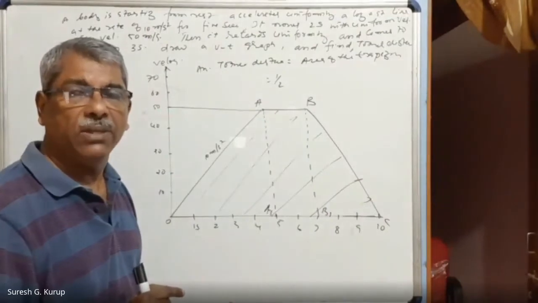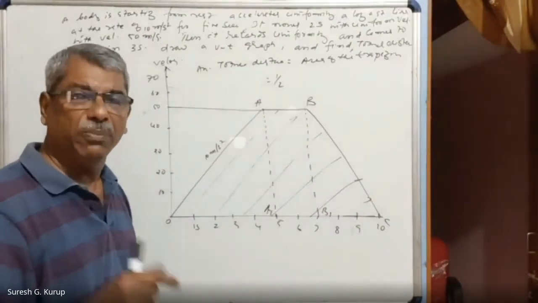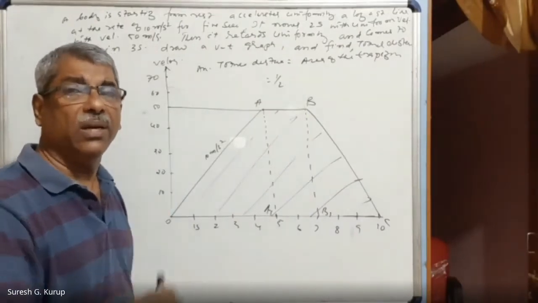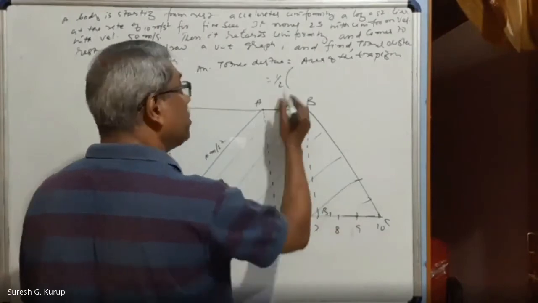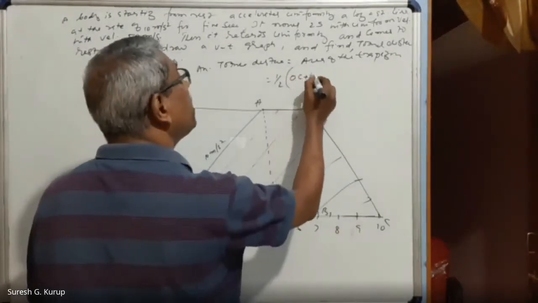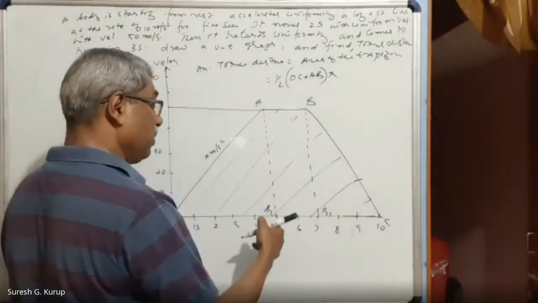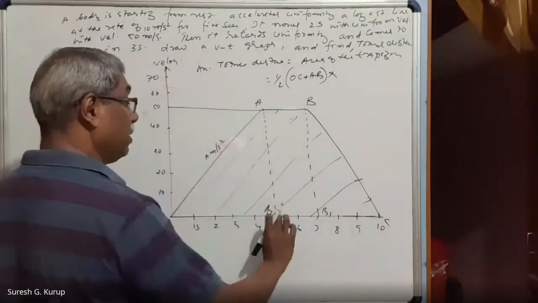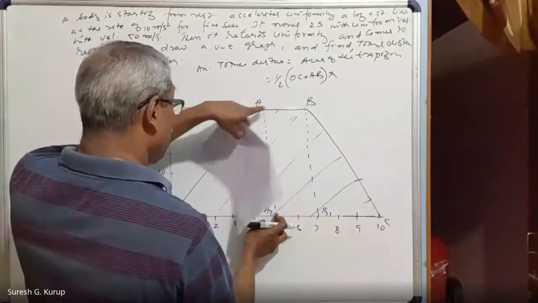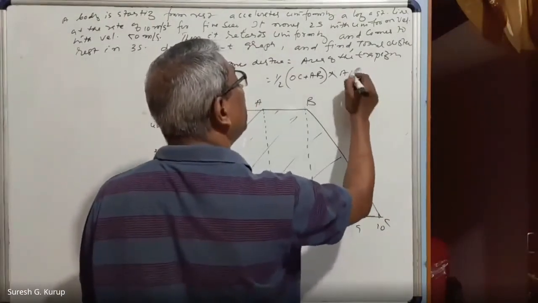Therefore, area of the trapezium is half into sum of the parallel sides, OC plus AB, into the distance between them, that is AA1 or BB1. AA1 is 0 to 50, that is 50.